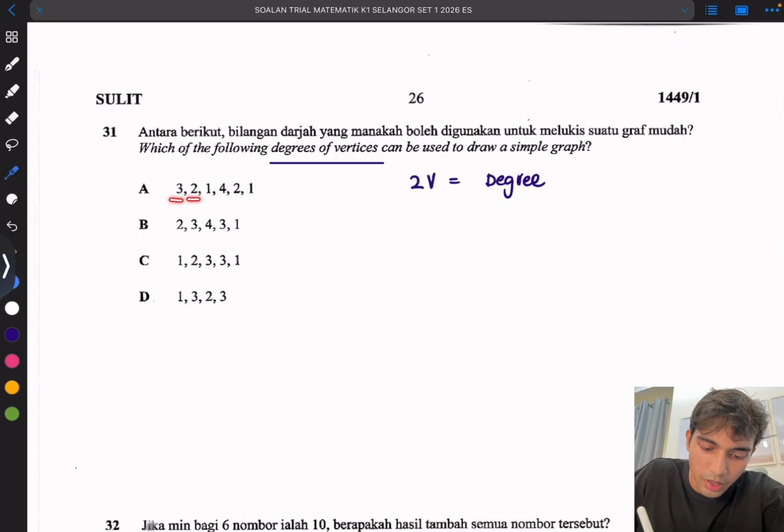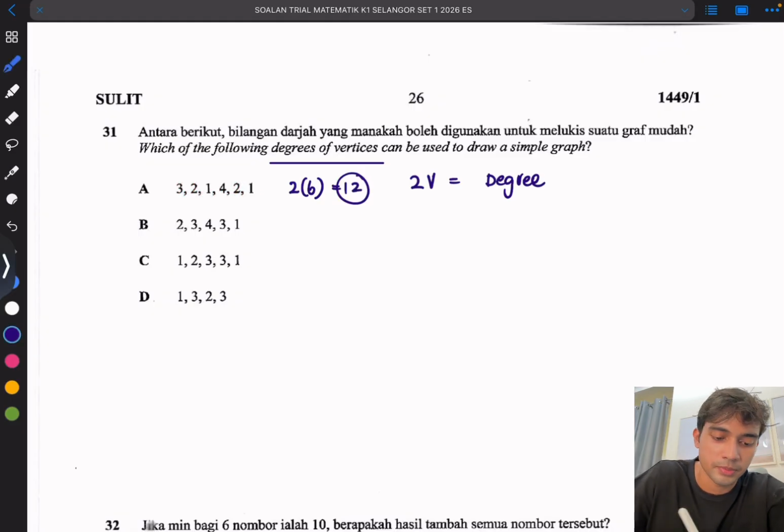So here we have 1, 2, 3, 4, 5, 6. We have 6 vertices. So 2 times 6 is 12, right? So the total degree must be 12. So when we plus all this, we must get 12. Let's see. 3 plus 2 is 5. 5 plus 1, 6. Plus 4 is 10. 10 plus 2 is 12. Plus 1, 13. Is it 12? No. Wrong.